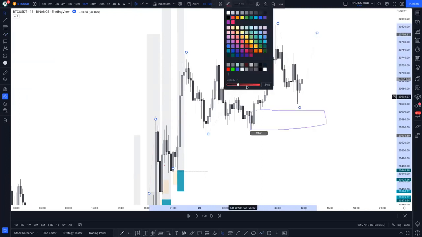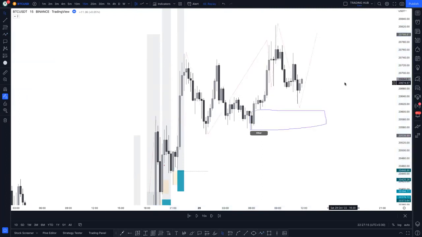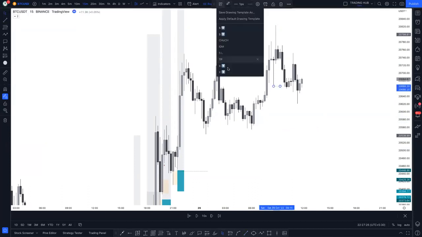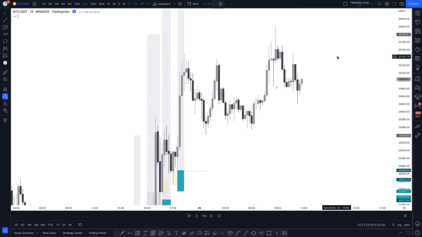Let's change the color first, like this. So the first area for the buy after taking out the inducement, and this becomes our inducement. And where is our POI after taking out the inducement? First order block is here.